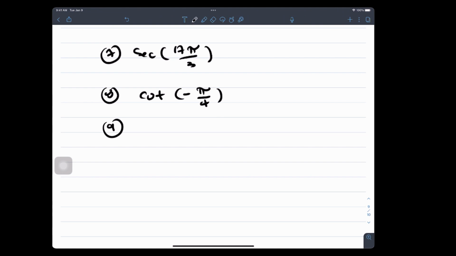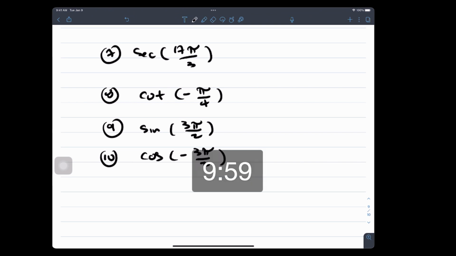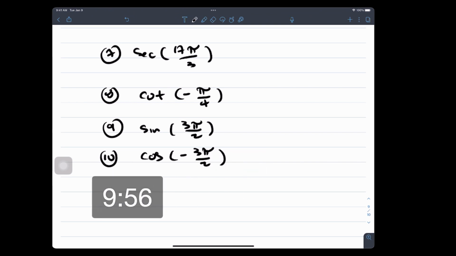And 9, I'll say sine, 3 pi over 2. 10: cosine, negative 3 pi over 2. Now that you've seen a few of these here, we're going to give you guys some time to try these out here. Okay? So try them out. Let's see what you get.